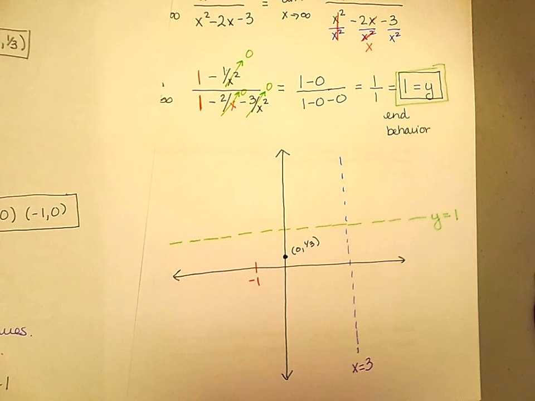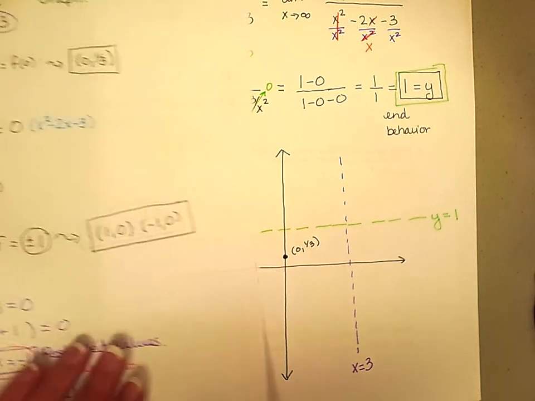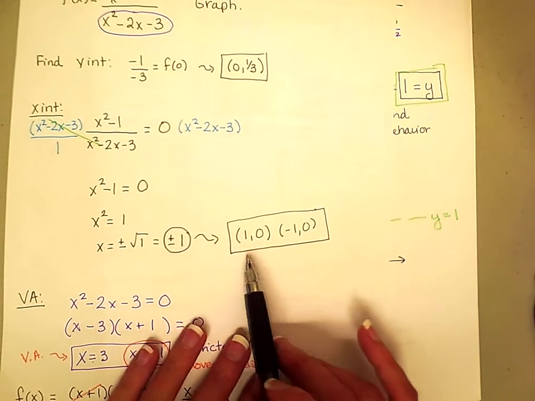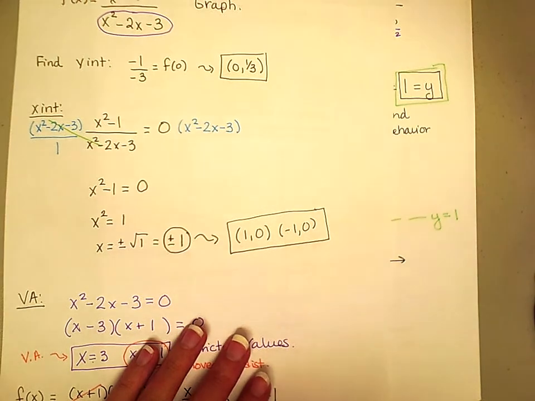We're also going to have x-intercepts from here at (1, 0) and at (-1, 0).